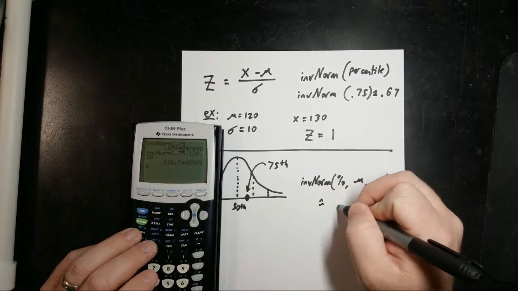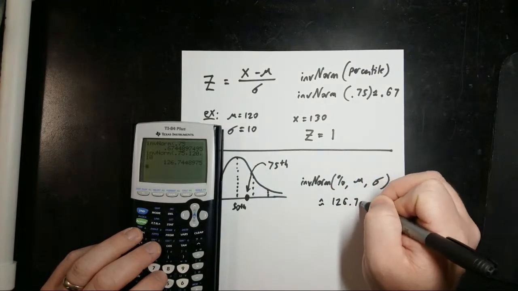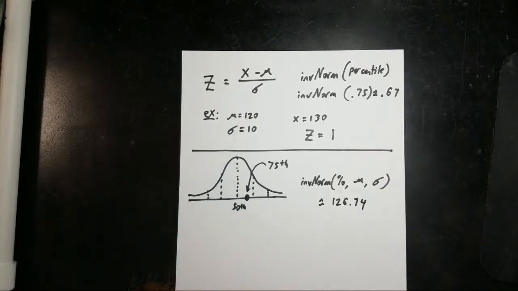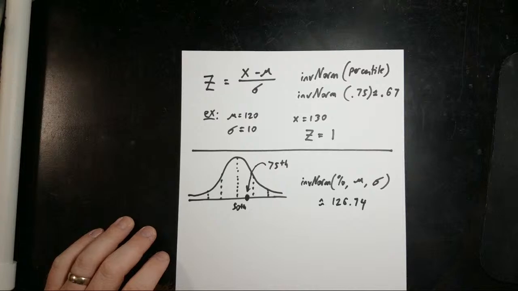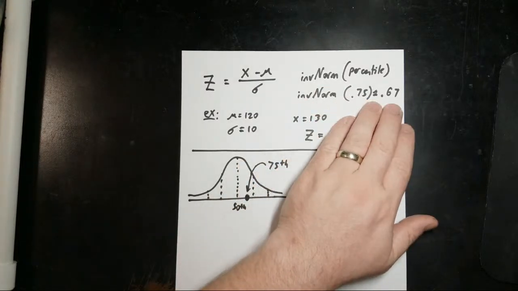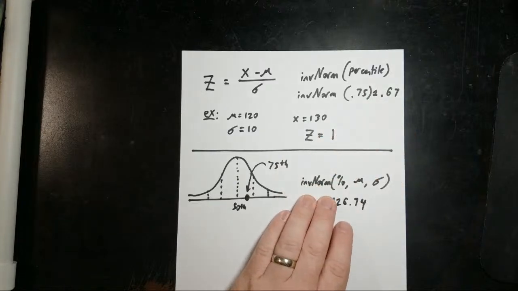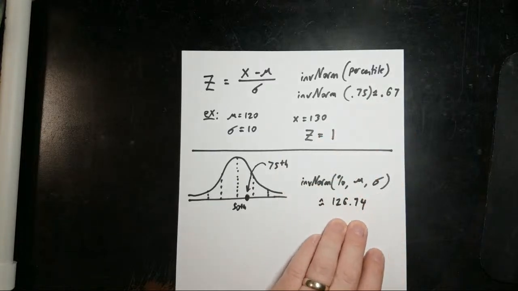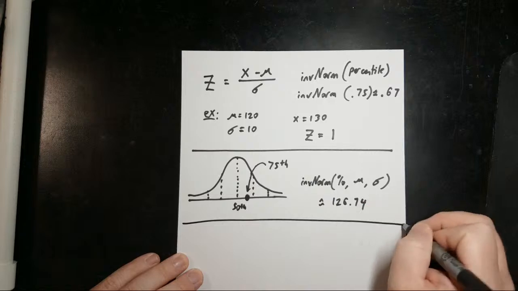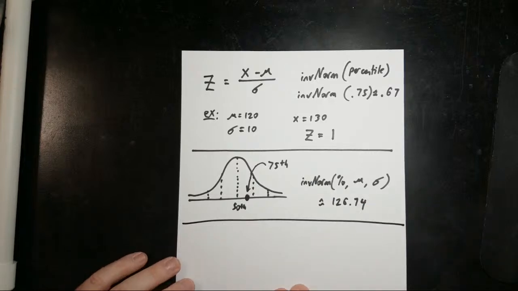It spits out, for this example, 126.74. So the 75th percentile would have a value of 126.74. If you just leave inverse norm with the percentile, it spits out the Z-score. If you do inverse norm with these extra data points, then it'll spit out the value at that particular percentile.